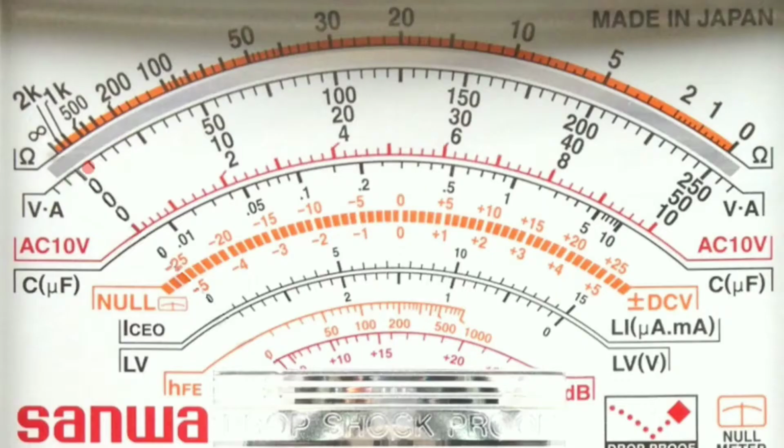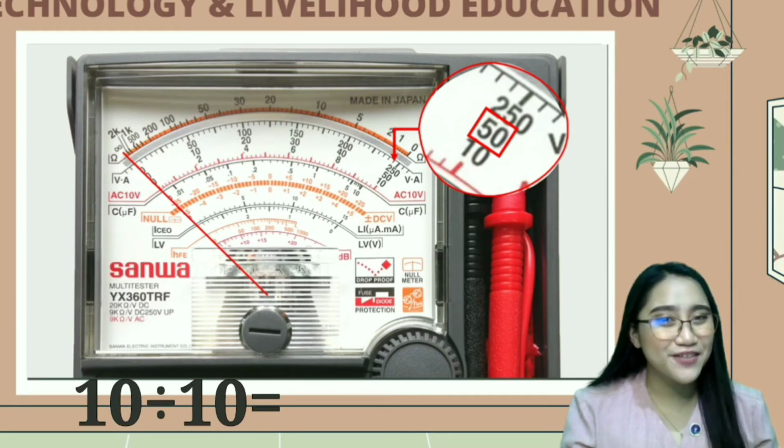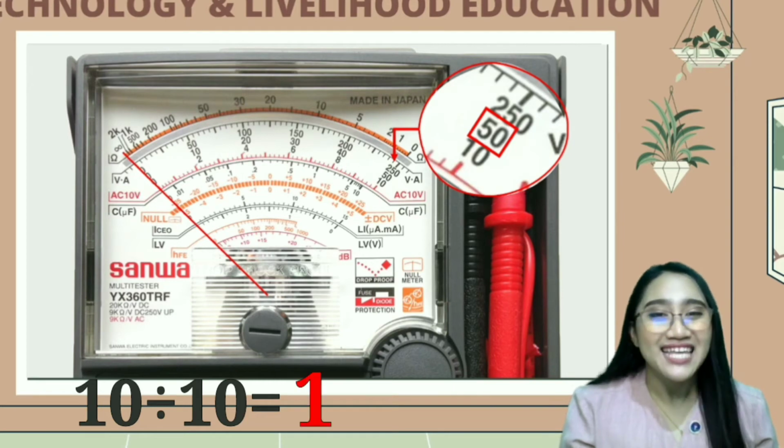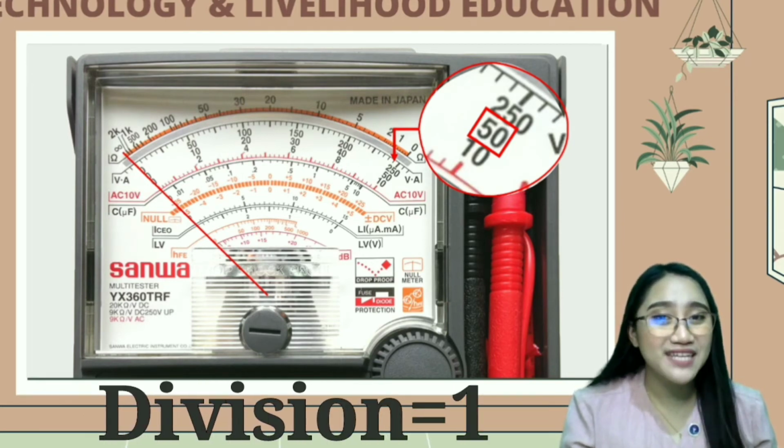There are 1, 2, 3, 4, 5, 6, 7, 8, 9, 10 divisions at 10 in the range of 50. 10 divided by 10 is equal to 1. So every division at the range of 50 is equivalent to 1.